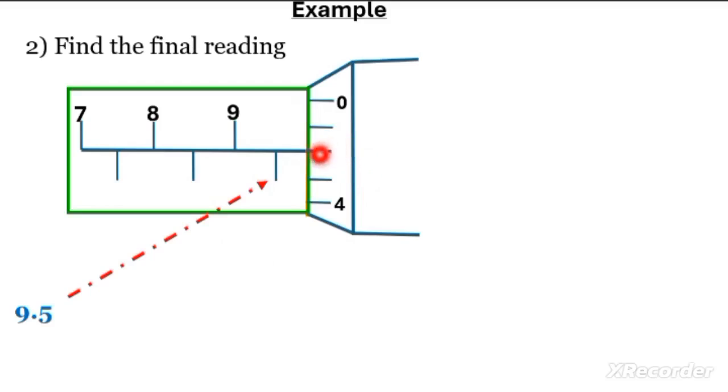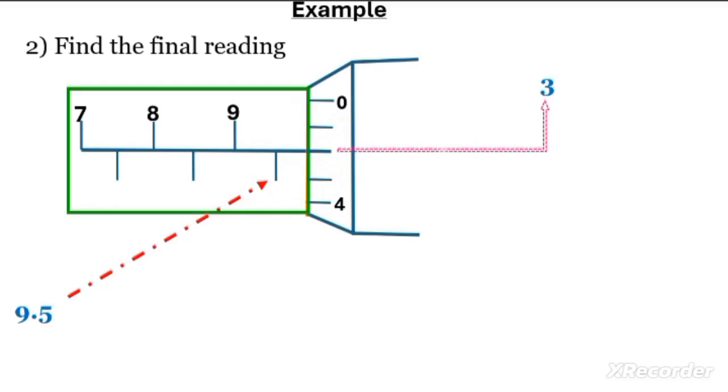So this mark is here. This is the mark we are talking about. As we can see here, we have 0, 0, 1, 2, 3, 4. Sorry, this one should be 2, not 3.